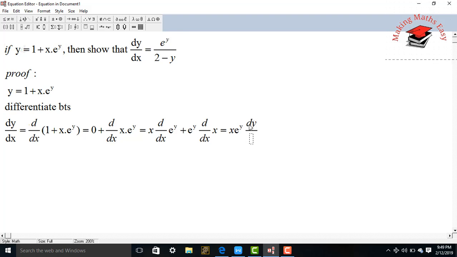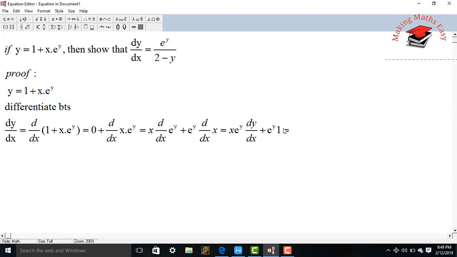So don't forget to put dy by dx in such cases, plus then e raised to y, and the derivative of x with respect to x will be equal to 1. So no need to write it, or you can also write it as you wish.